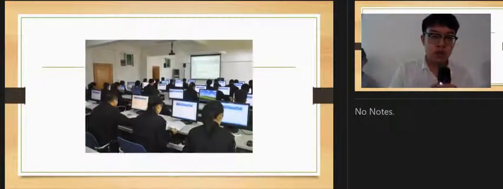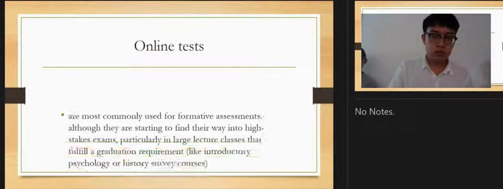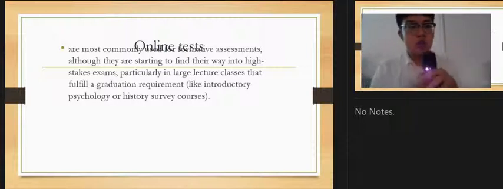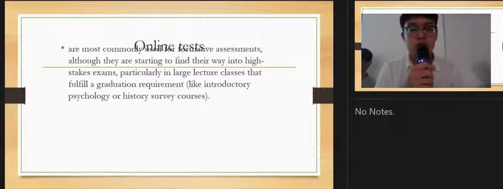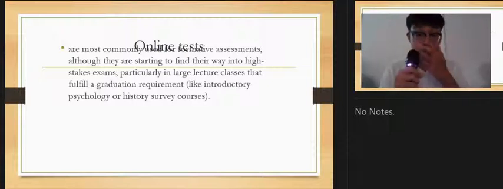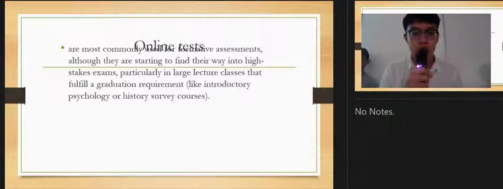Online tests are most commonly used for formative assessments, although they are starting to find their way into high-stakes exams, particularly in large lecture classes that fulfill a graduation requirement.